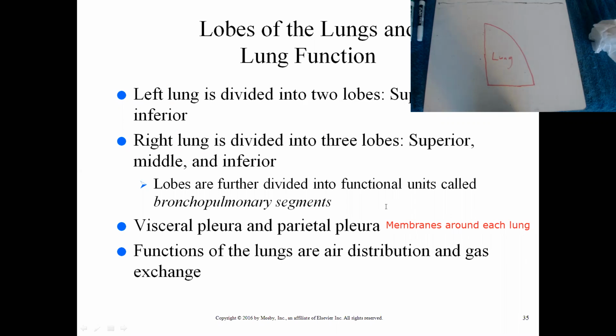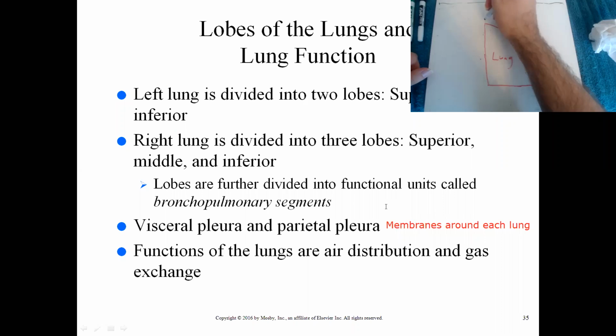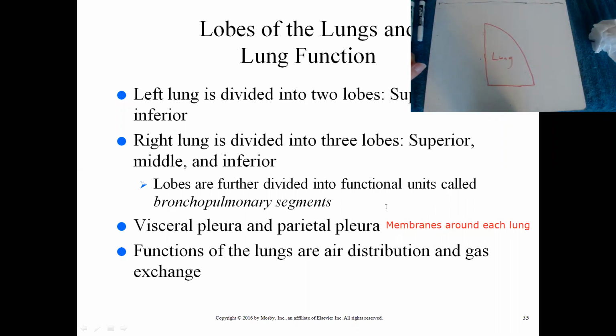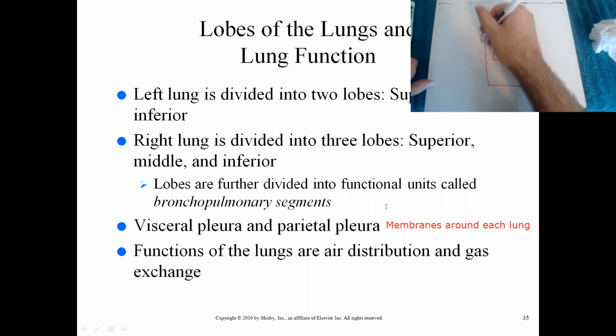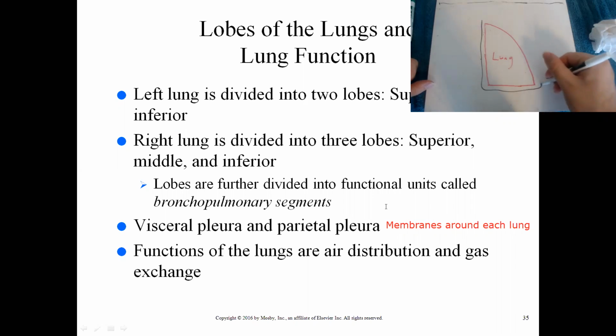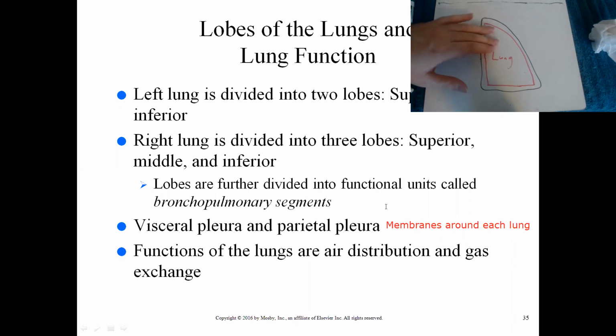And the pleura, there's 2 layers. I'll use black. So around the lung is first one layer of pleura. That's a membrane. And this is 2D, so it's not shown, but this first pleura surrounds the entire lung, front, back, sides, everything.